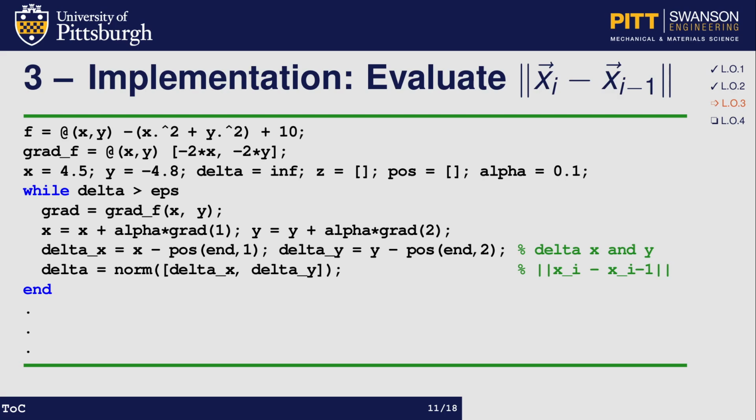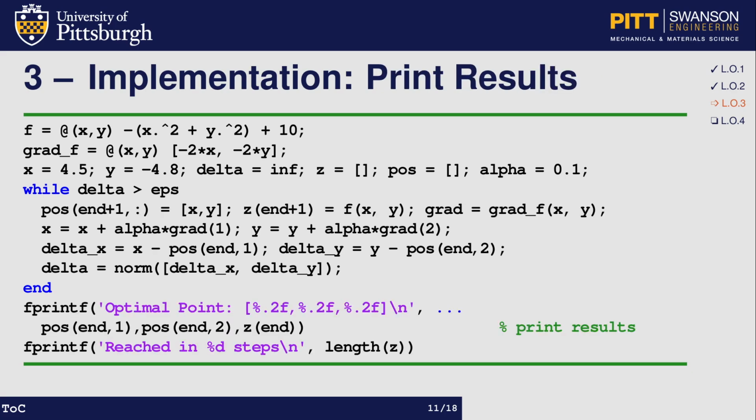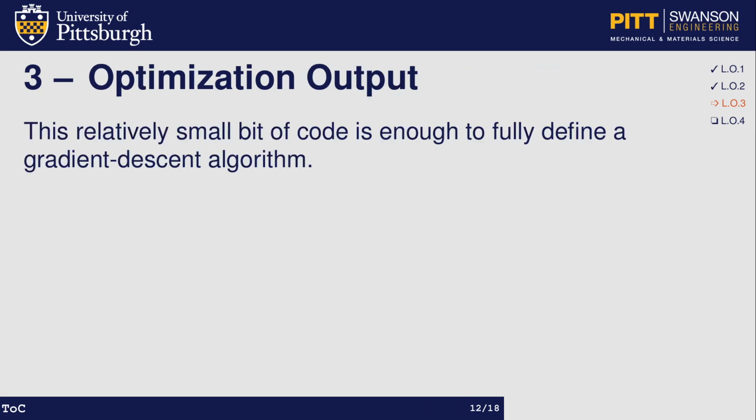Then we can calculate the differences between the old positions and the new calculated positions, and then calculate the norm of that difference vector, delta. And that's what gets compared to eps at the beginning of each loop iteration. Once that converges, we can print out our results using the arrays in order to get the following results.